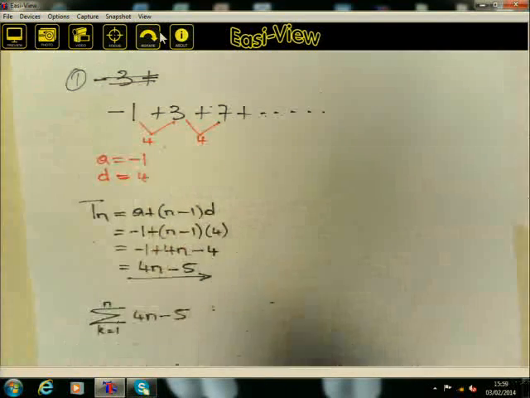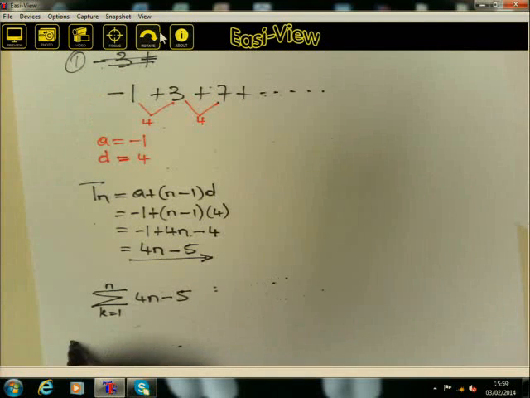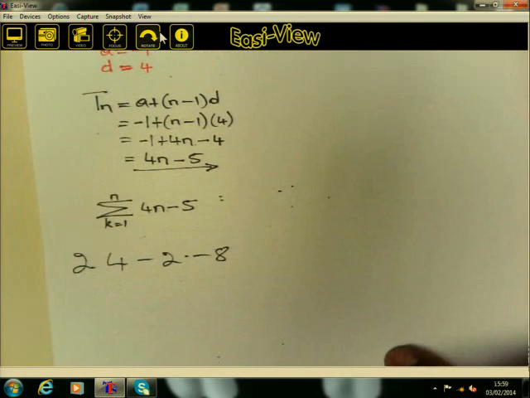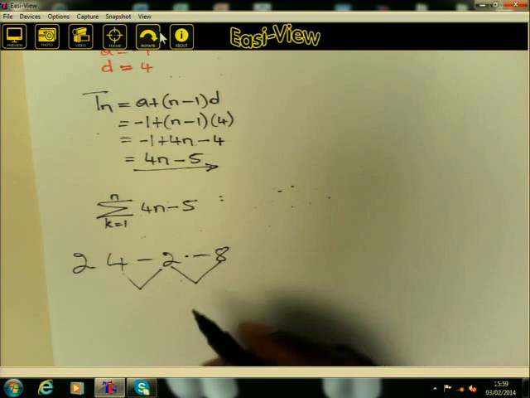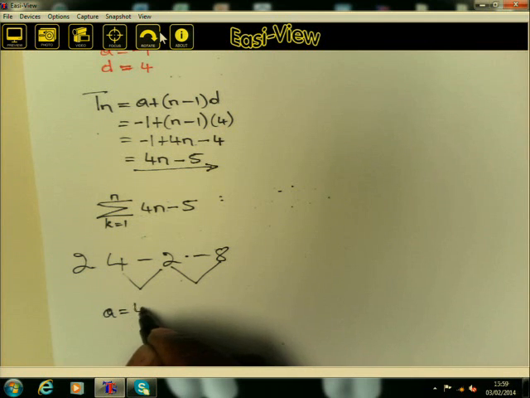But the second one that we had, it stops there. We are given 4 minus 2 minus 8. We are given 3 terms, so we wanted to get the sum of the 3 terms there. Once more, we need to look at what is the difference there and what is a. We know that a is equal to 4.